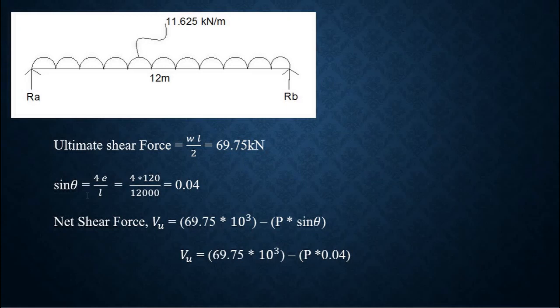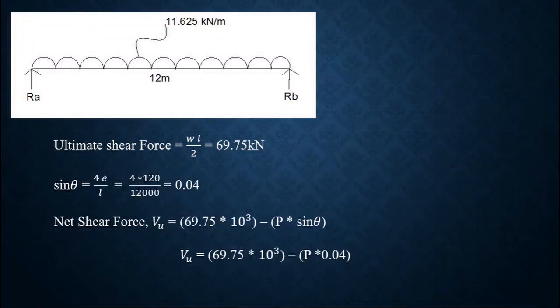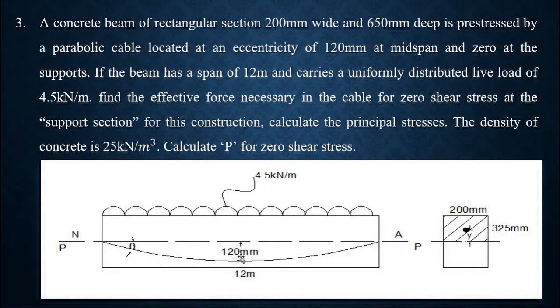Next is sine theta. The given cable profile is parabolic, and it is a parabolic cable with concentric. Because of that condition, sine theta should be considered as 4E by L. That is equal to 4 into E, where E is the eccentricity at the center, or mid span.